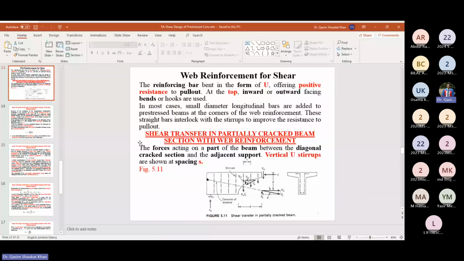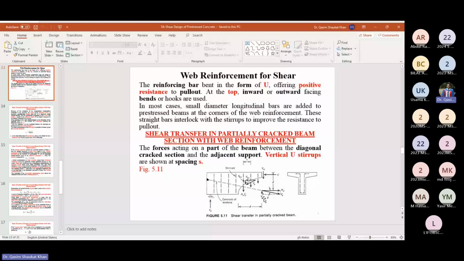This is the figure, and its vertical component is the resistance due to the slip surface along with the aggregate interlock VA, and its vertical component has been taken as VAY. So what was the first? The vertical component of the shear reinforcement, AV times FY times D over S. Second was VP, the effective pre-stress component in the vertical direction.